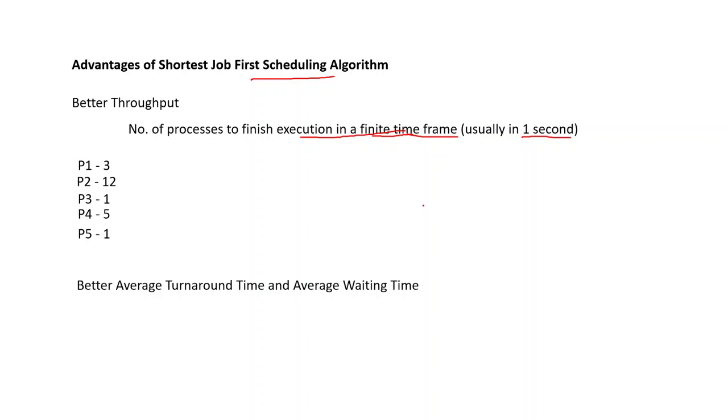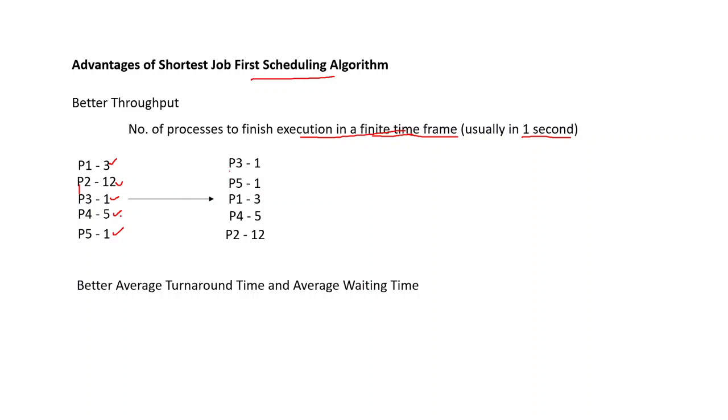Now, let's take an example. There are 5 processes, P1, P2, P3, P4, and P5, and these are the respective burst times of each process. In case of shortest job first, these processes will be sorted according to the burst time. So the processes with shorter burst times are considered first, that is P3, P5.